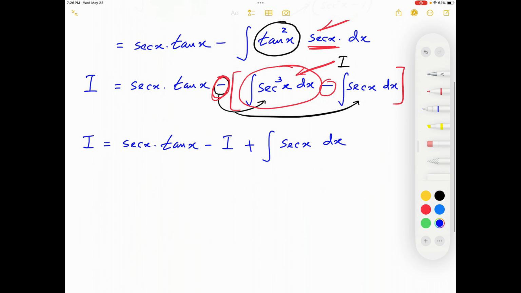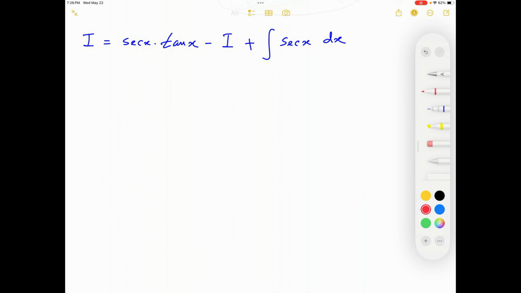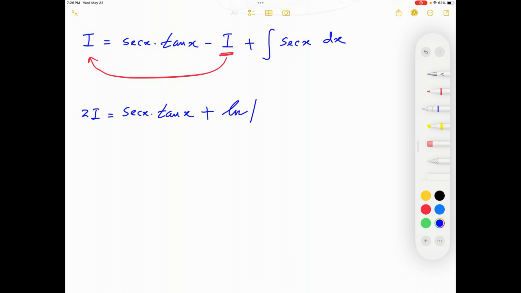All right. Now I'm going to take this negative I on the right hand side into the left hand side. Then it becomes a 2I on the left hand side. This is going to be equal to secant x times tangent x plus integration of secant x dx, which is equal to natural logarithm absolute value of secant x plus tangent x.